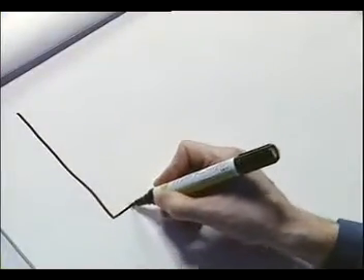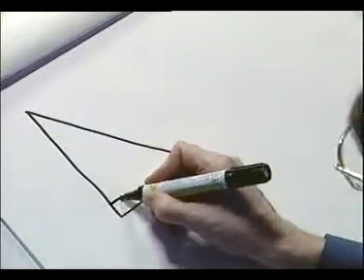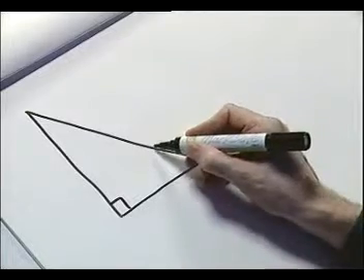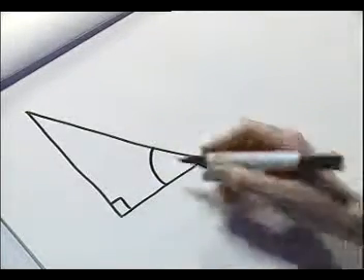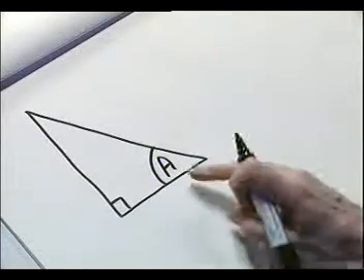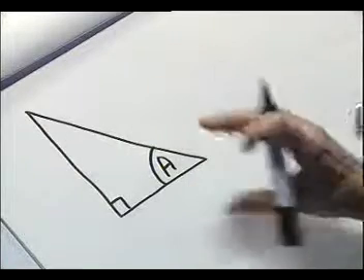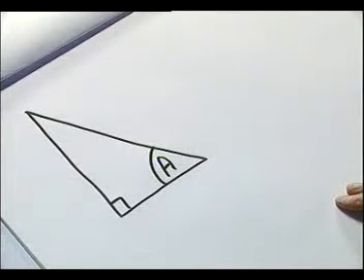So, take a right-angled triangle, right angle there, and let's look at this angle here. I'll label it angle A, so we've got a clear picture that that's the angle we're talking about. Let's give names now to the sides.